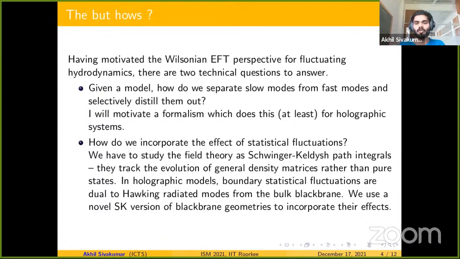So what we do is we use a novel Schwinger-Keldysh version of black brane geometries. For those who know the Schwinger-Keldysh path integral, it's a double path integral, which you mimic by using a glued double black brane solution. I might not be able to go into the details of this construction because of time constraints, but hopefully we will. But this is the short summary of how to deal with the second question.